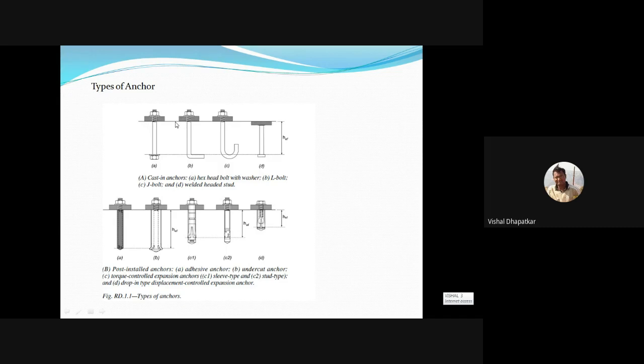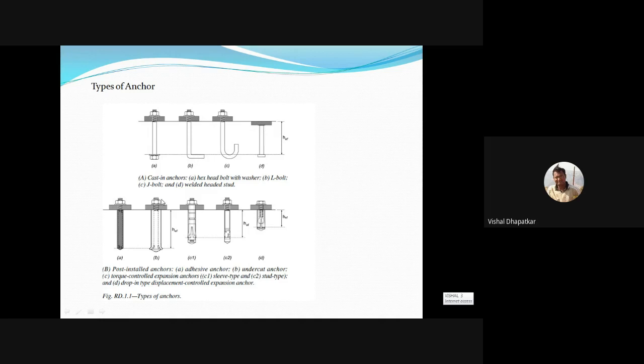So during the casting of the pedestal, the pocket will be left to accommodate the size of the bolt, and then once the equipment arrives on site, these bolts are placed in that pocket and grouted to fill it, so that the bolt will not move out of line. And the studs are directly welded to the insert plate and connected with the reinforcement like beam bar or column bar, and then concrete will be poured. So these are the cast-in bolts.